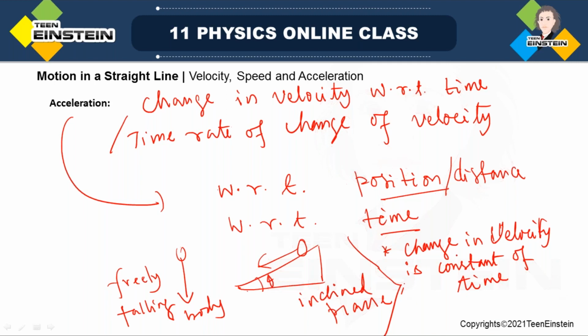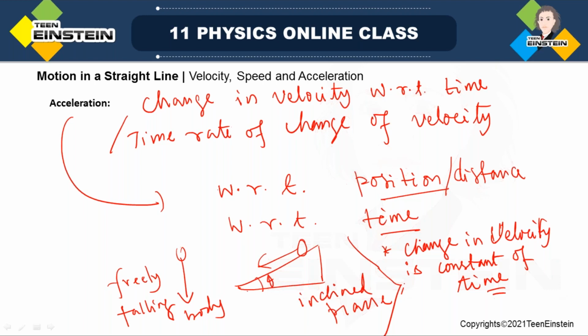That's why acceleration can be universally defined as change in velocity with respect to time. But if you define change in velocity with respect to position, it is not a constant. That's why we cannot universally define acceleration as change in velocity with respect to position.